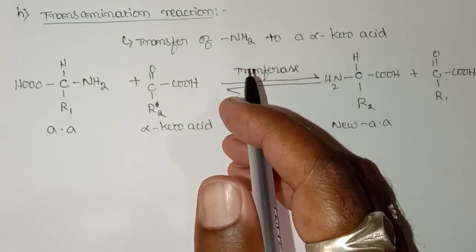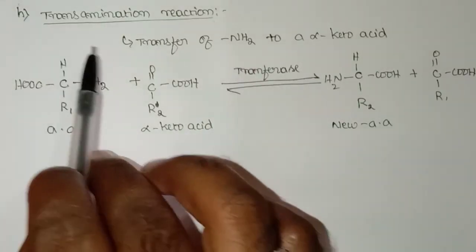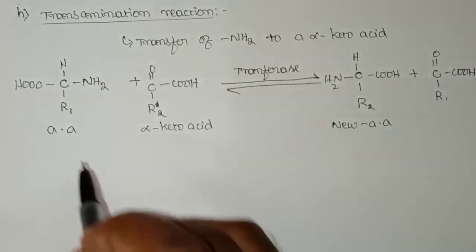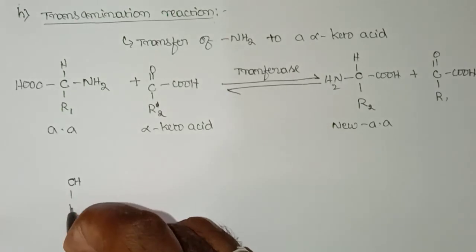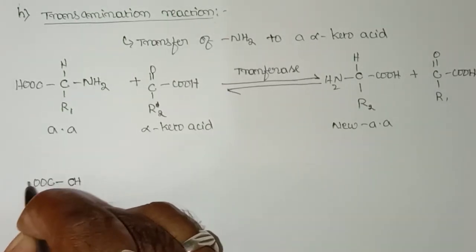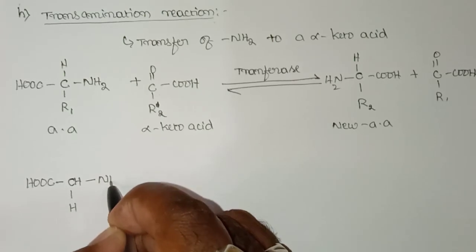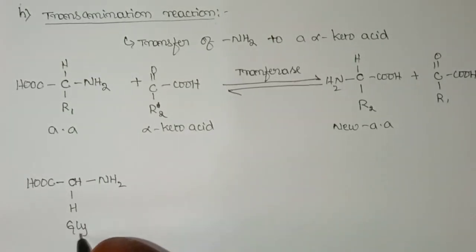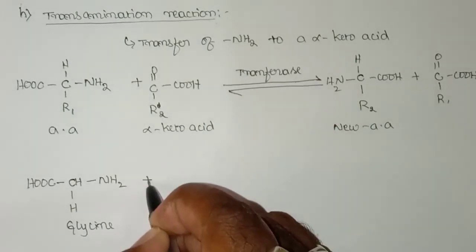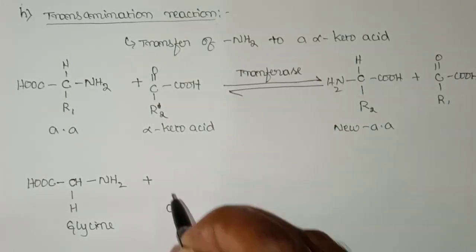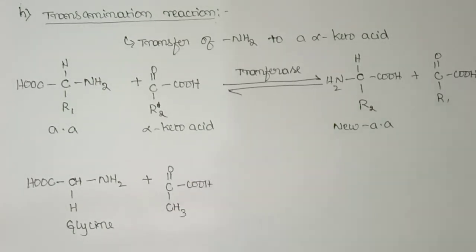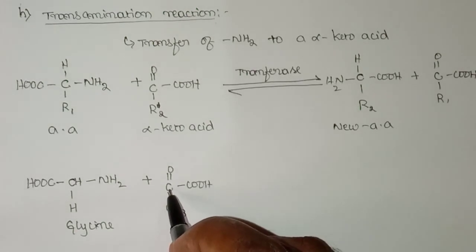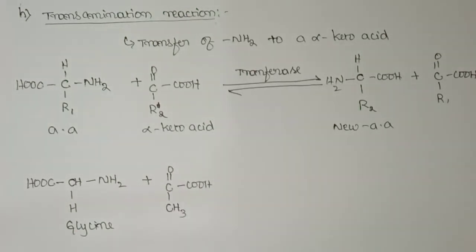Now we shall consider one simple example to illustrate the transamination reaction. Let us consider the simplest amino acid, that is glycine. Glycine has the simplest formula like this, and here I am going to react glycine with an alpha keto acid whose side chain is CH3, with COOH and double bond O. Right, so this is 2-oxopropanoic acid, since we have 1, 2, 3 carbon atoms.